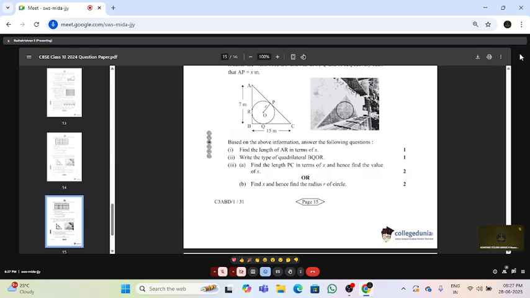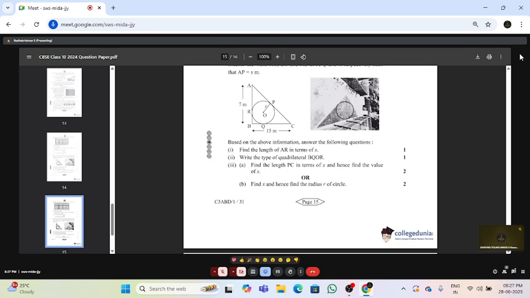It's very easy, because PC is equal to AC minus AP.